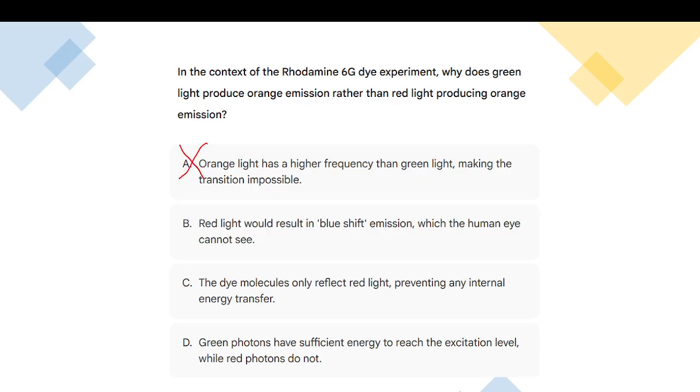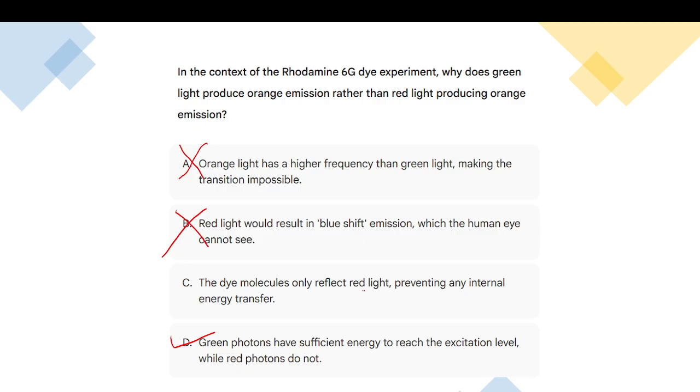This is not making any sense. Red light would result in blue light emission while the human eye cannot see, which is not possible. The dye molecule only reflects red light, preventing any internal energy transfer. And the last one is green photons have sufficient energy to reach the excitation level while red photons do not. This is the correct answer.